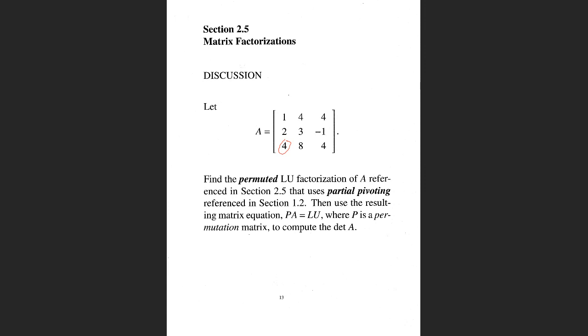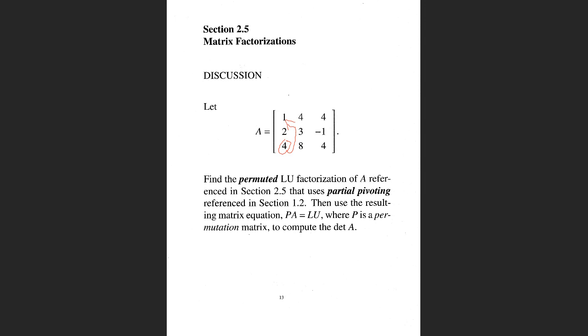Good. That's right, Samantha. That's right, Hung. At the top. So what row operation am I going to need to do here to get this 4 where the 1 is? Good, I have to do a row interchange. I have to switch rows 1 and 3.